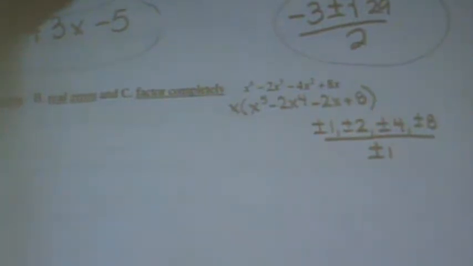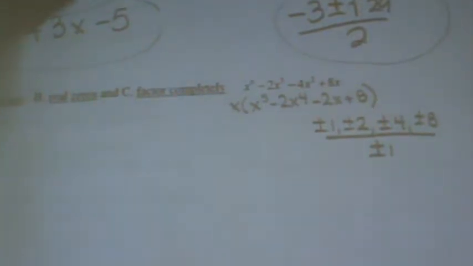Okay, that's so far what I have. It's a big answer. Now, I need to break up the 8. What are my factors of 8? I have a 1, a 2, a 4, and an 8 over plus or minus 1. So let's first try 1. Does 1 work?